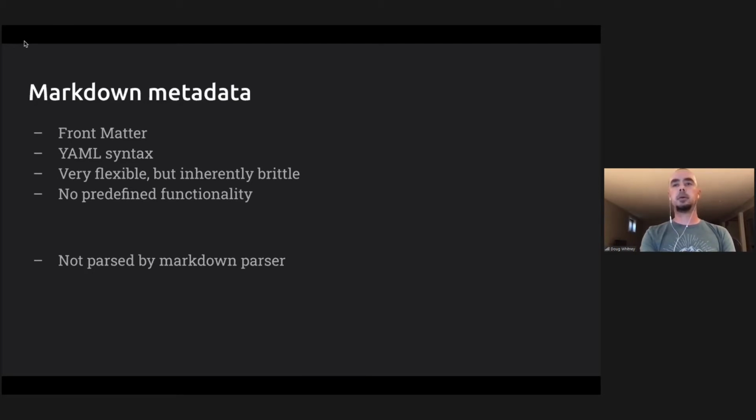But there is no real schema to speak of when you are adding front matter or metadata to a Markdown file. No way to validate or enforce field names or types or values or any of those kind of things.